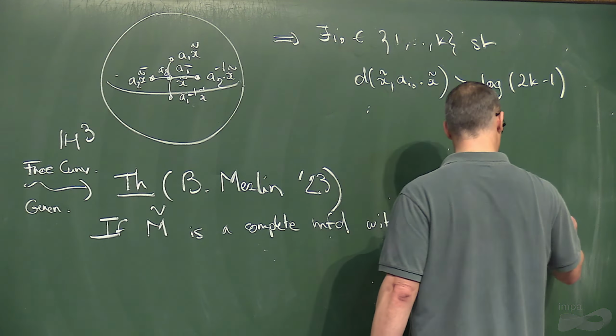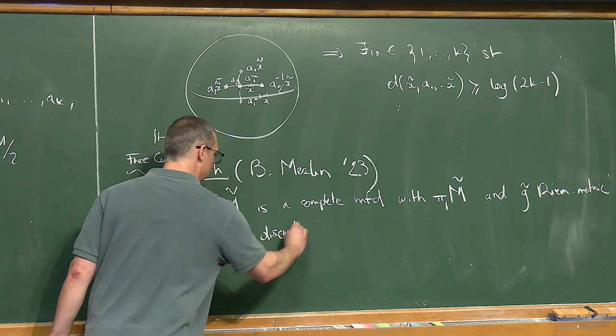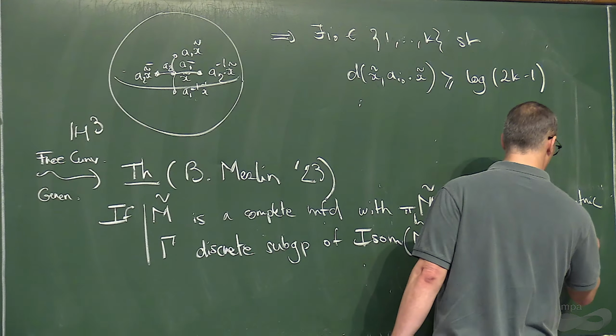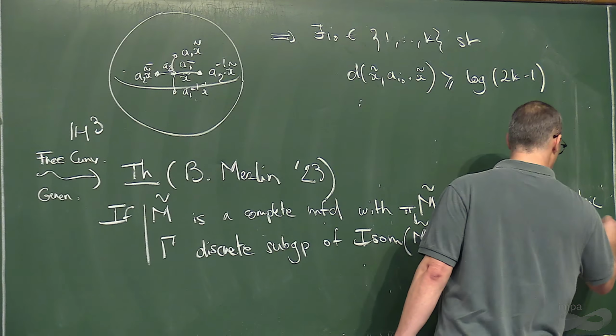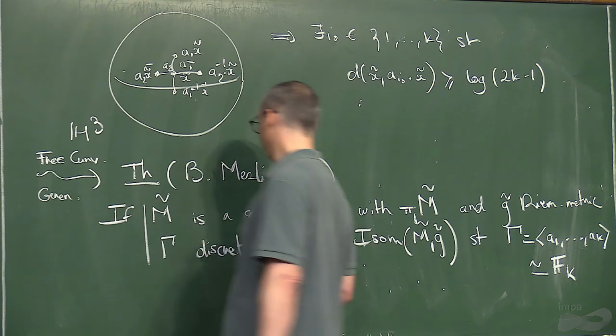Then you take also a discrete subgroup gamma of isometries of this manifold, such that gamma is generated by k elements, which I also call A1 to Ak, and such that this is a free group of order k. Okay, so you have this assumption.